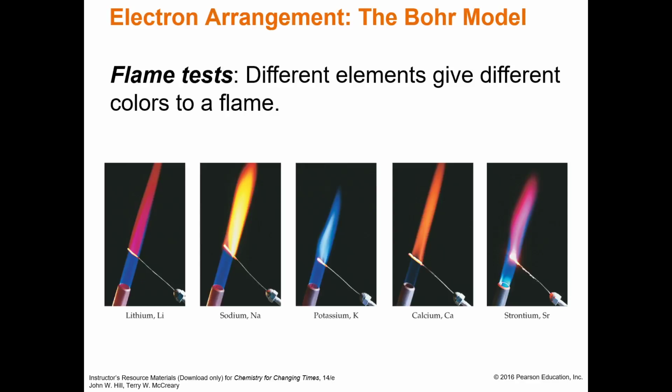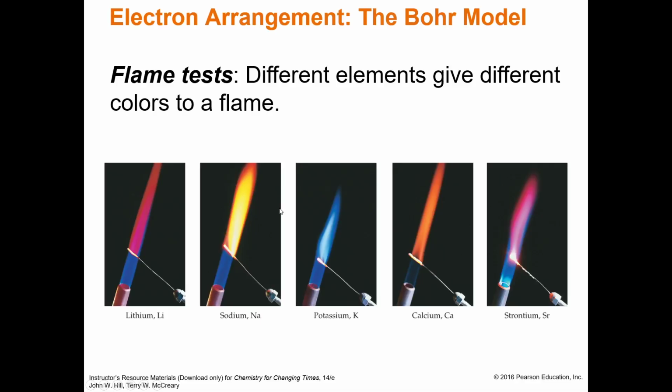Okay, so the electron arrangement. This is the Bohr model that explains this electron arrangement. The interesting thing is you can actually tell this electron arrangement using the flame test. This is why, if you burn various different elements, they'll give you different colors of flames.